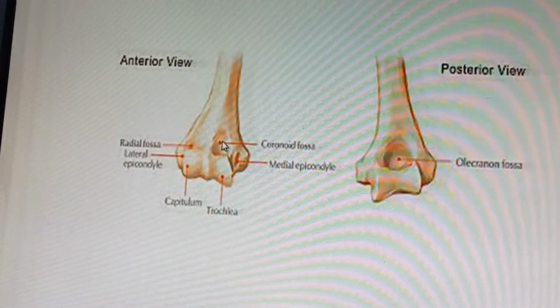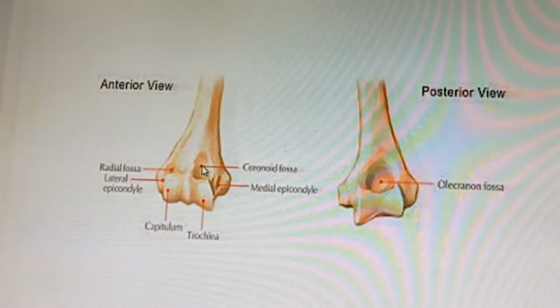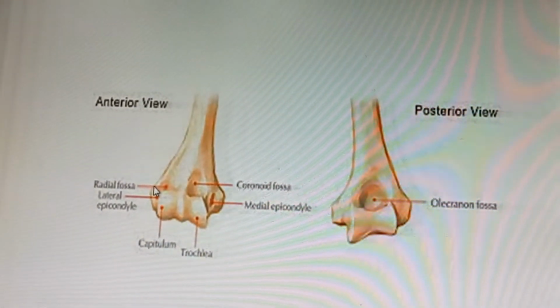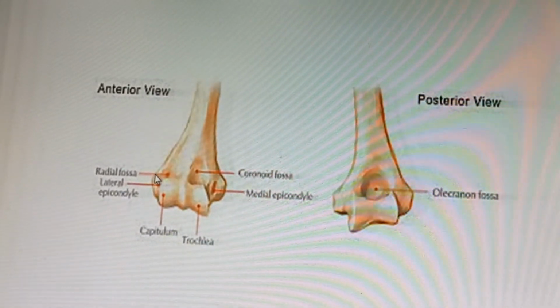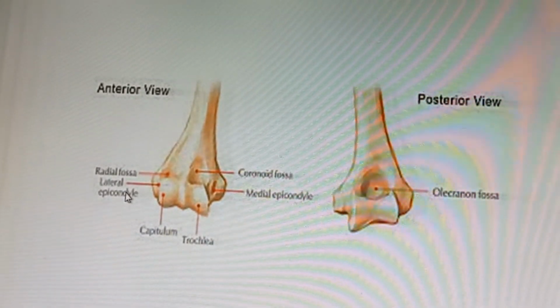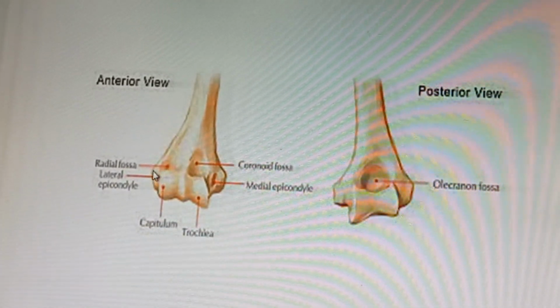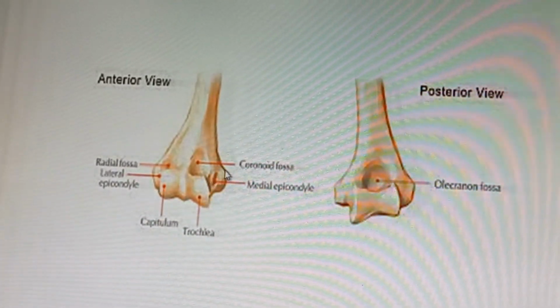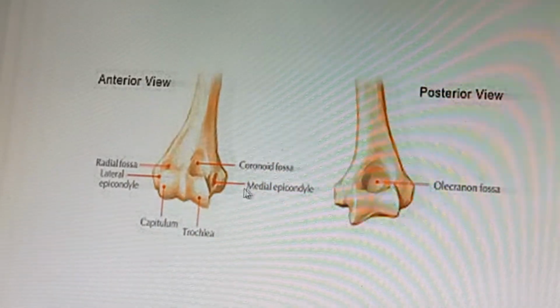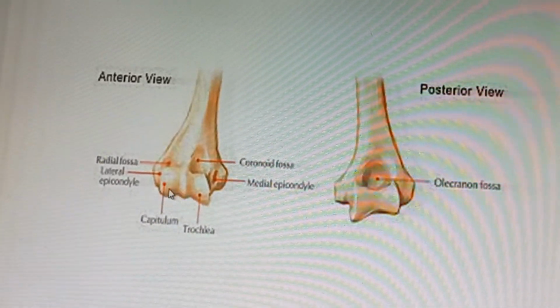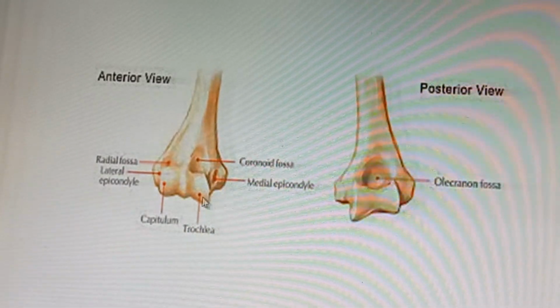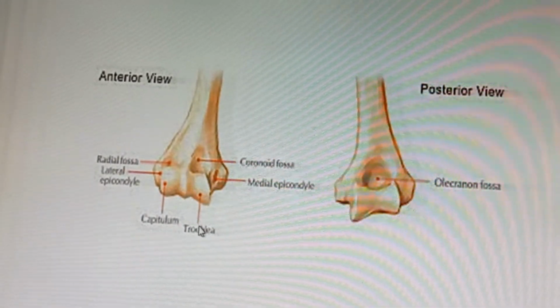Now we have studied five bone markings. Let's revise them. This small eminence is the lateral epicondyle. This large eminence is the medial epicondyle. This structure around it is the capitulum. The spoon-shaped structure is the trochlea.